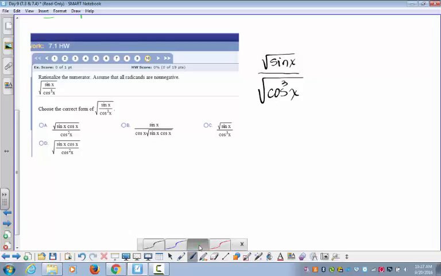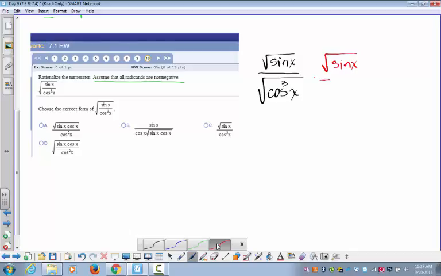And just notice this note here. It says assume that all radicands are non-negative. That's a super important assumption. Hopefully you know why. I'll show you in a second here. If we wanted to rationalize the numerator, what do you think we're going to multiply top and bottom by? Square root sine x.